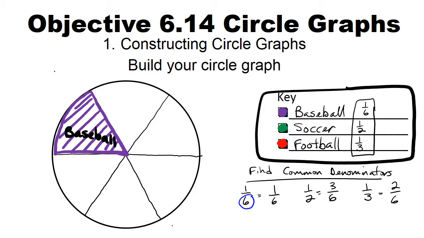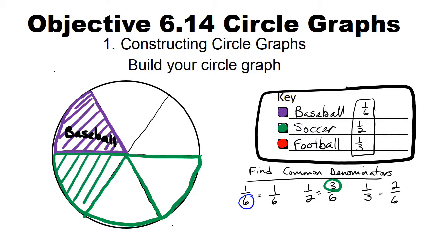So we pick soccer. All right, soccer is green, so it's going to be 3/6 is what we're looking at next, which turns out to be 1/2. So we have 3/6 of our circle graph is going to be soccer. So we go ahead and color that in.